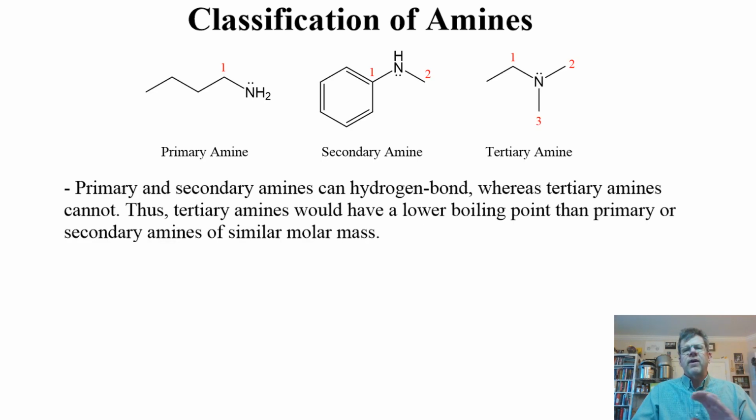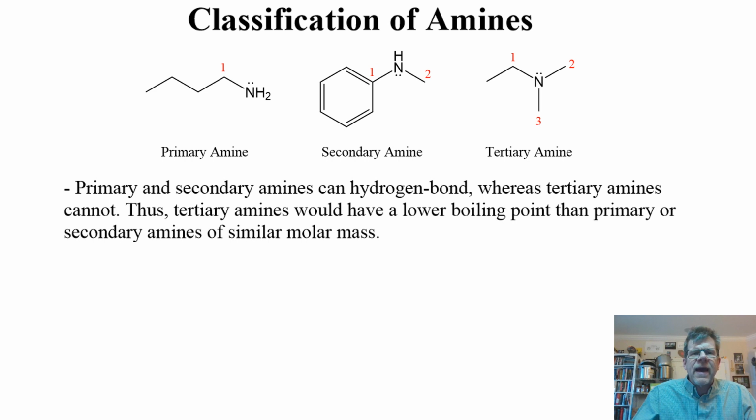Now, holding these examples of primary, secondary, and tertiary amines up top, we have another ability of amines. Remember, hydrogen bonding is possible in molecules containing either OH bonds or NH bonds. Remember that NH bonds also allow for hydrogen bonding.